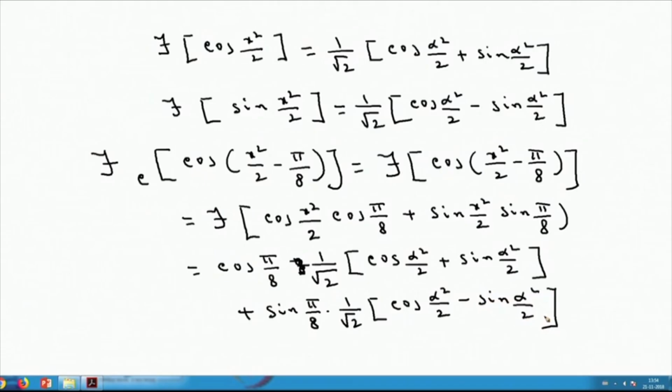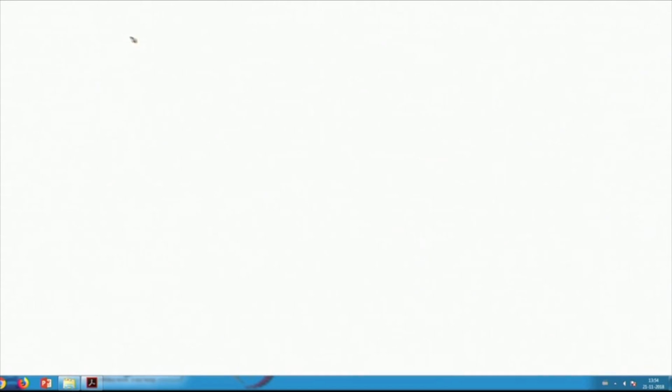This again I am writing as Fourier transform of sine of x square by 2, which we evaluated earlier, that value we are substituting. So, from here I can write down Fourier cosine transform of cos of x square by 2 minus pi by 8.